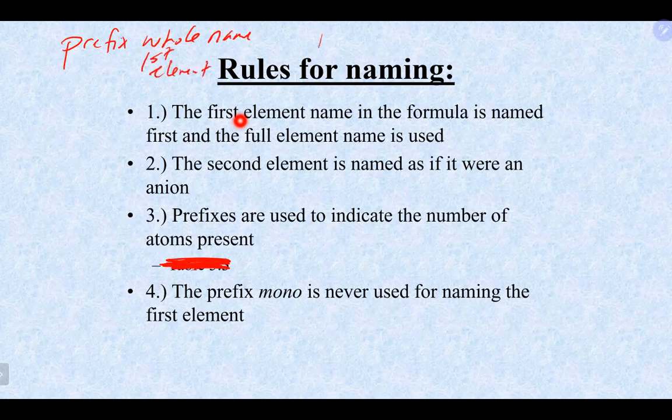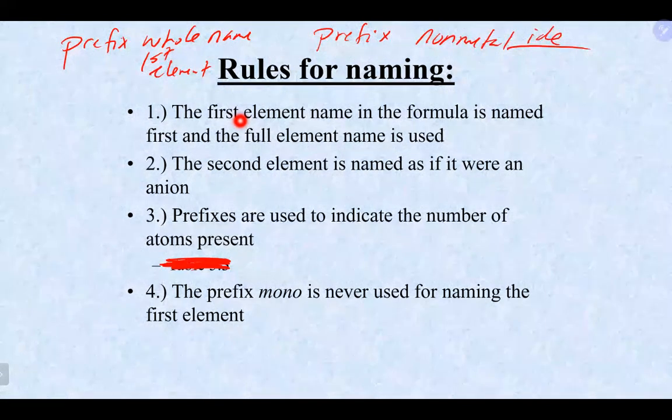Then we take the appropriate prefix for the second element. And that guy gets named just like we were doing with a nonmetal, with the ending changed to IDE. So prefix, whole name, prefix, IDE at the end of it.